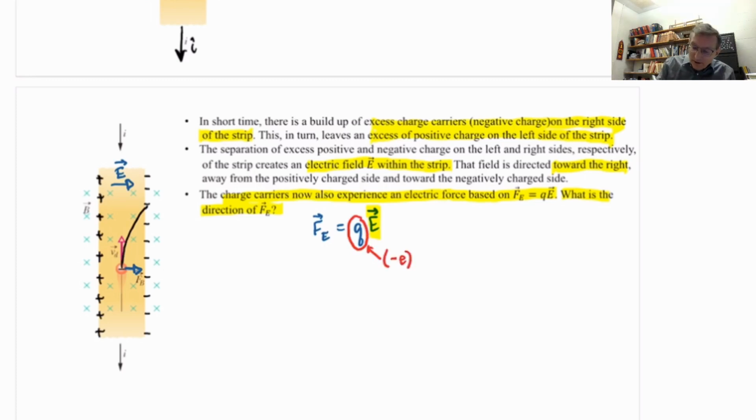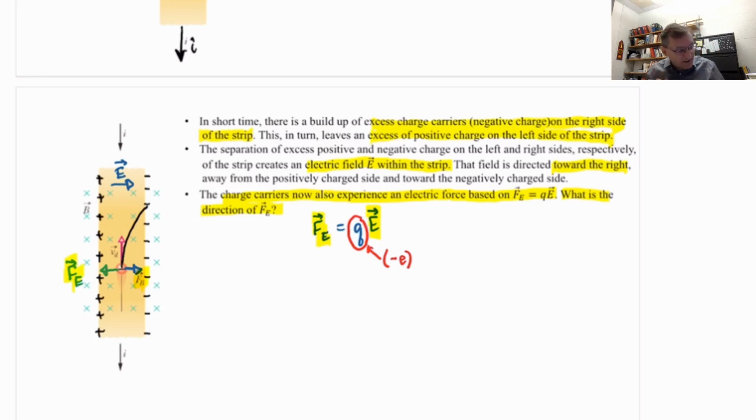So what's the direction of Fe, F electric? Well, opposite to the electric field. So the electric force is that way, to the left, opposite to the magnetic force. You see that? Opposite in direction. F electric and F magnetic are in opposite directions.